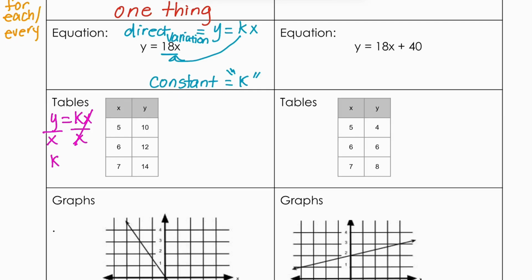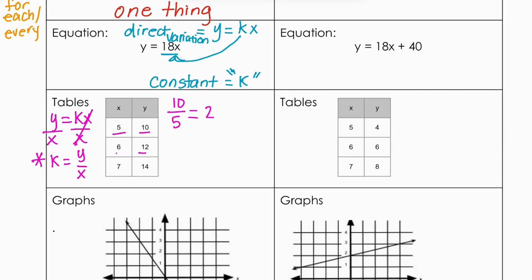Now I have k equals y over x. Now I'm going to plug my numbers into k equals y over x. So I have 10 as my y value and 5 as my x value. 10 divided by 5 is 2.